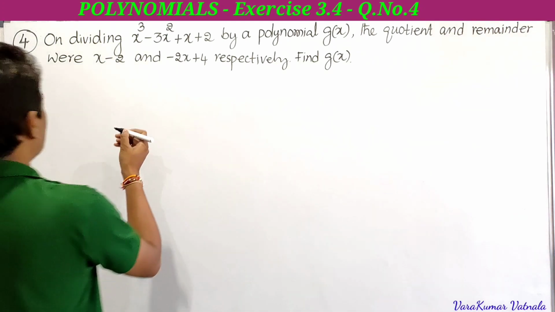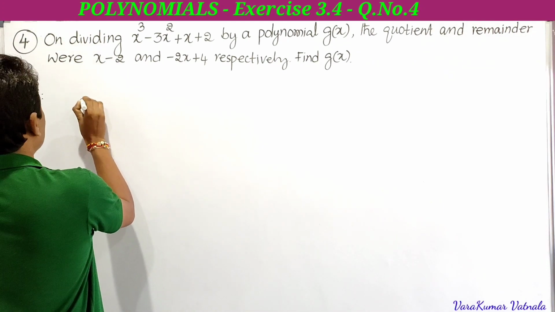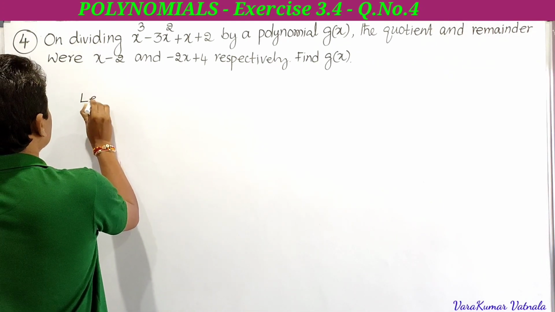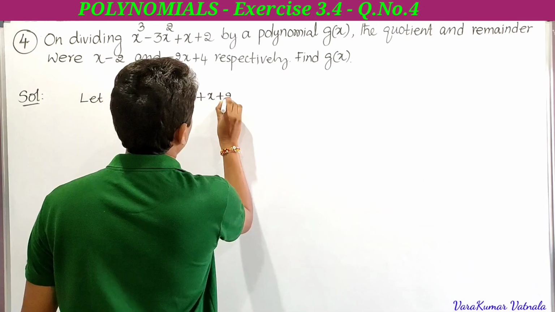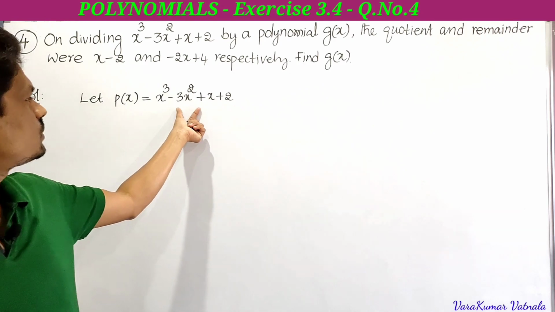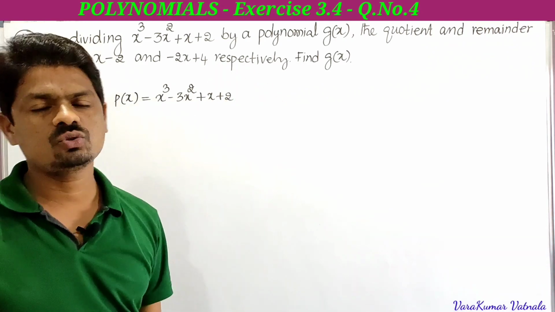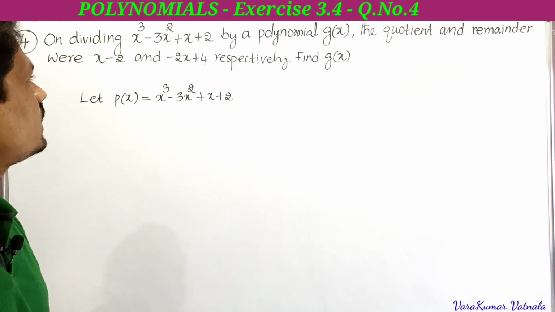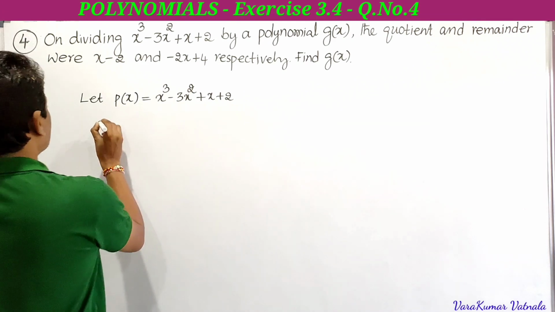So see here, let p of x is equal to x cube minus 3x square plus x plus 2. Here we have to find g of x, the quotient.